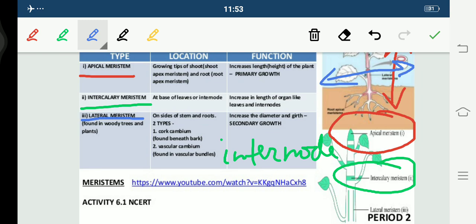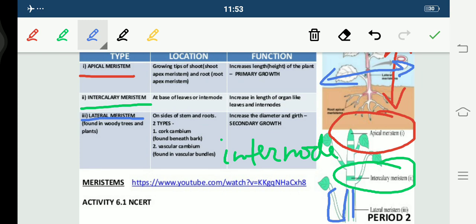Now talking about the last one, the lateral meristem. Students, these lateral meristems are found in woody trees and plants, right? Now, talking about their location, can you see here in this picture? This one is the lateral meristem, which is found here. Fine. Now, they have two types. One is cork cambium, that is found beneath the bark of the plant.